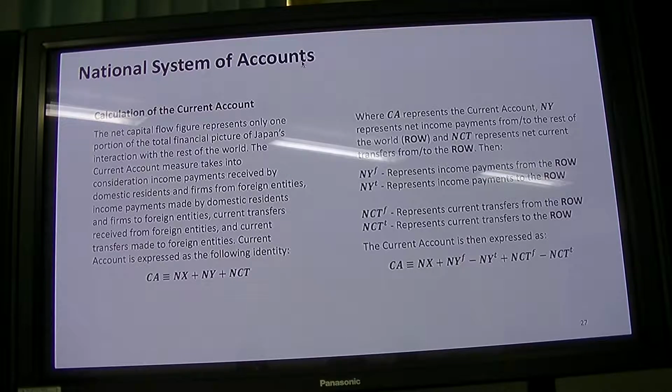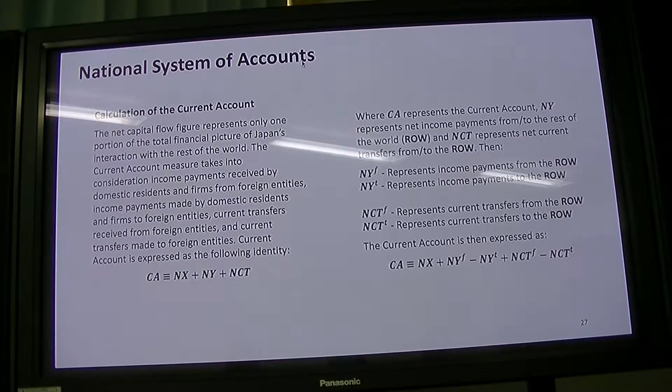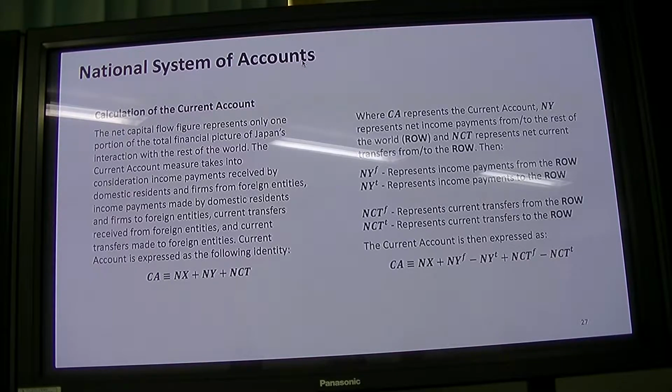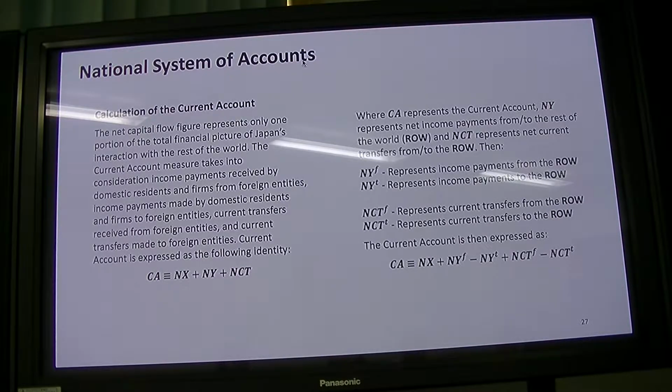Okay, let me get up and I'll put all of those down, so you can think about what's going on there. The first one is income payments received by domestic residents and firms from foreign entities.